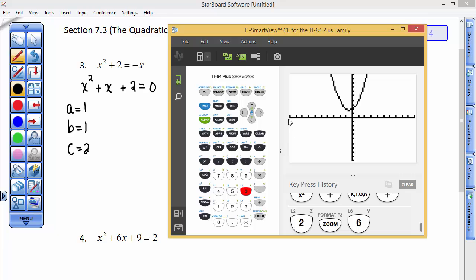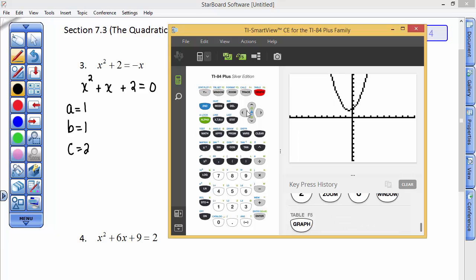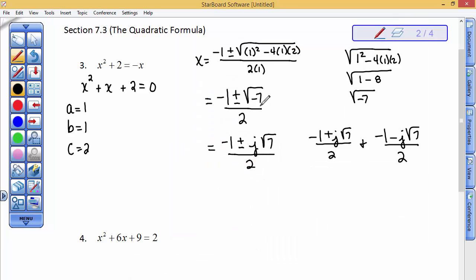It takes me back to a negative 10, 10, negative 10, 10 window. Look at my window. I'm hitting my window key because I had adjusted it a minute ago. Well, look, this quadratic equation doesn't cross the x-axis. And that's what happens when you have imaginary answers. It doesn't cross through the x-axis if you don't have real answers. So with a negative number under the radical, you cannot solve graphically.